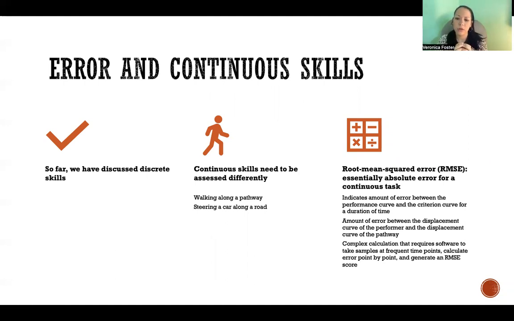And then it would calculate a root mean squared error score for you. So again, a little bit more complex, and it's not something you would do without the right equipment to both detect and then compute and calculate what the error is.